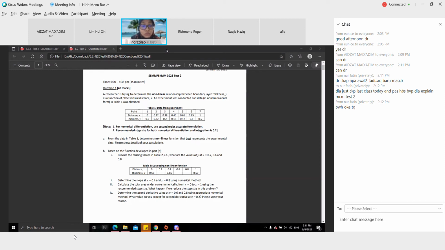So when you want to produce a missing value, it is actually an unknown point, at the given x: 0.2, 0.6, 0.8. So substitute each one. First test at 0.2, then at 0.6, then at 0.8. That is the y value at x 0.2, 0.6, 0.8.